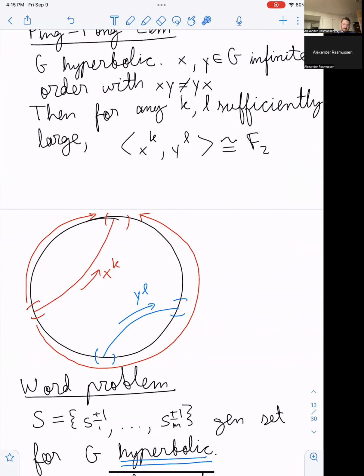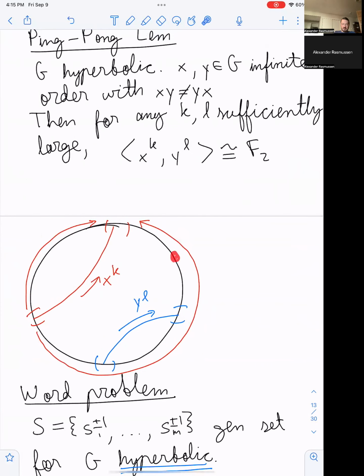So in fact, this is going to be a really strong attracting and repelling behavior, strong enough that if you take a little neighborhood of the repelling endpoint and a little neighborhood of the attracting endpoint, everything outside of this little neighborhood of the repelling endpoint gets sucked into this little neighborhood of the attracting endpoint by X to the K. And this allows you to play this game.